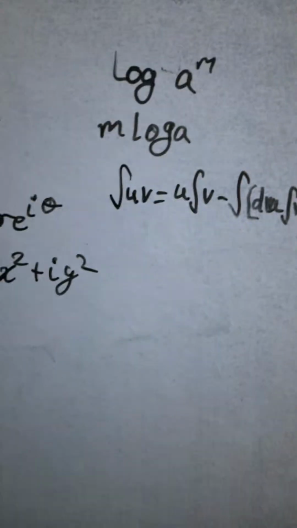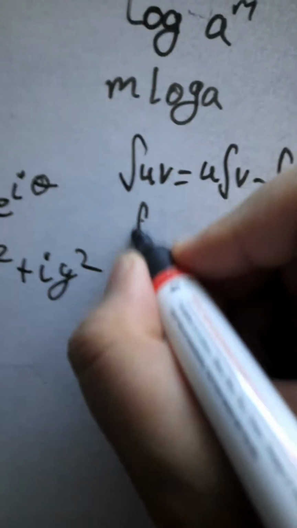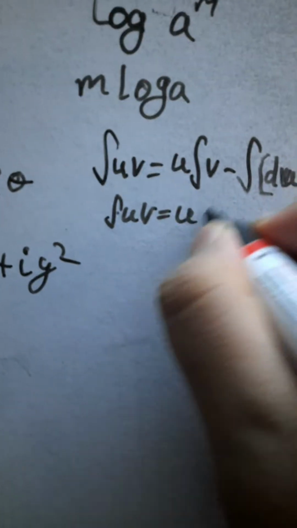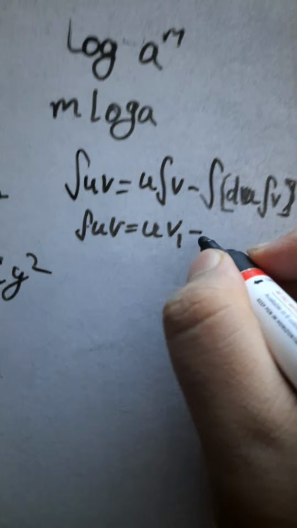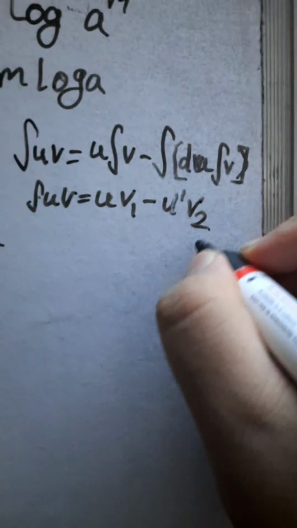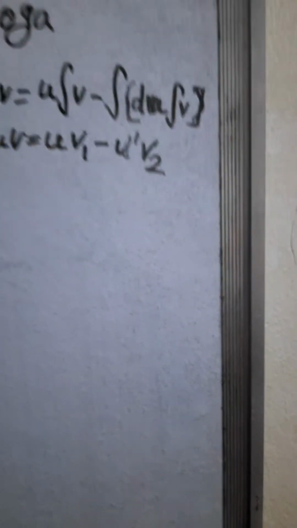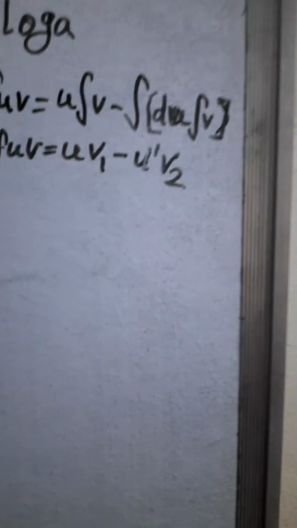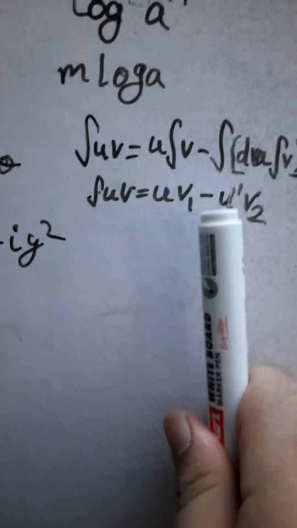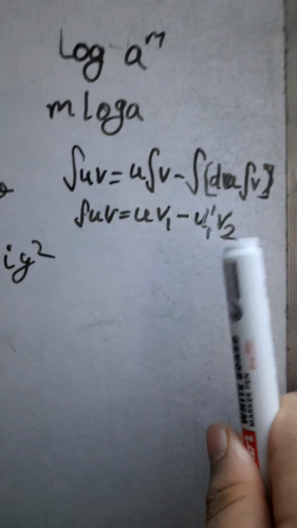You can also remember it as integration of uv equal to u v1 minus u dash v2, and so on, plus u double dash v3. Because the subscript means number of integrations and the superscript means derivation. Isn't it like that?